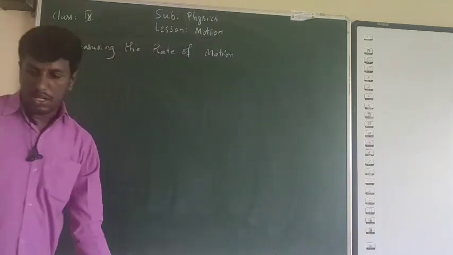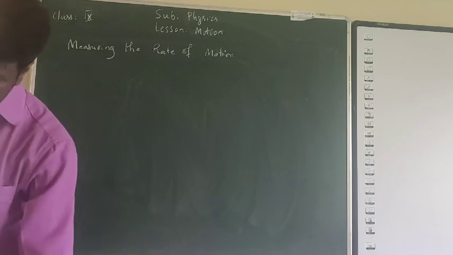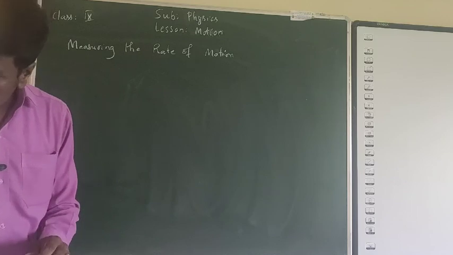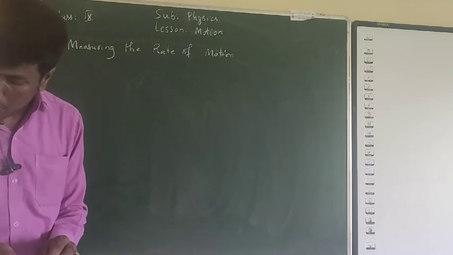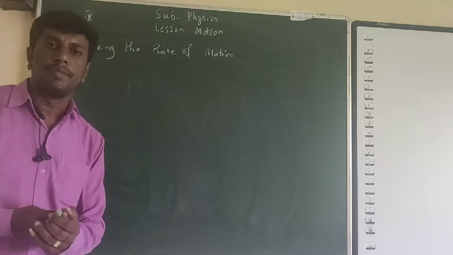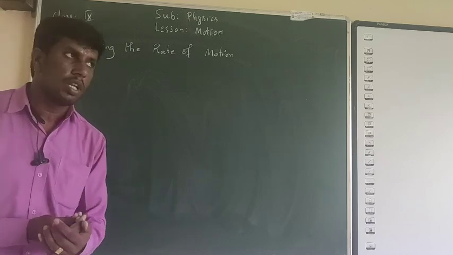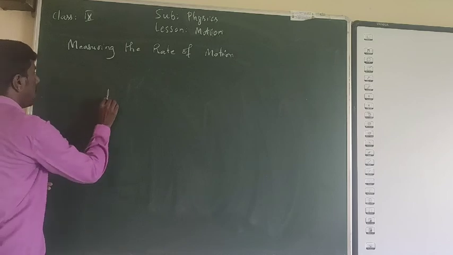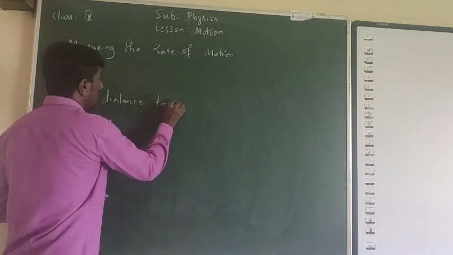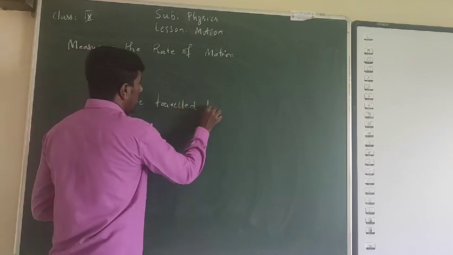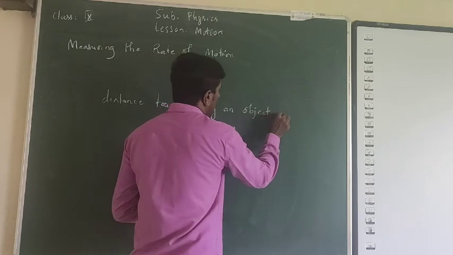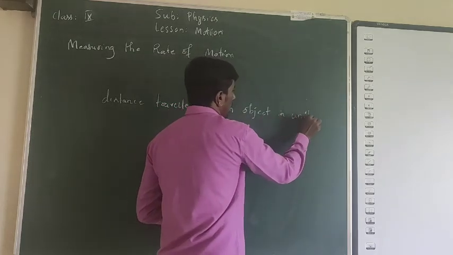One of the ways of measuring the rate of motion of an object is to find out the distance traveled by an object in unit time. So, how to measure the rate of motion? Distance traveled by an object in unit time.